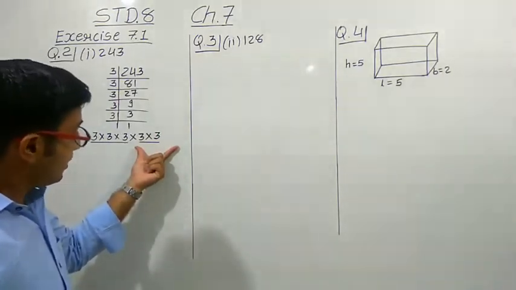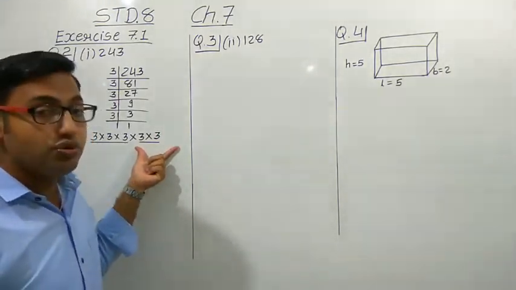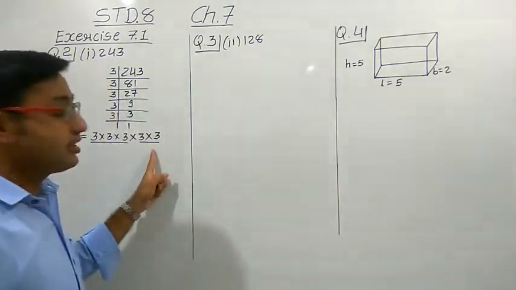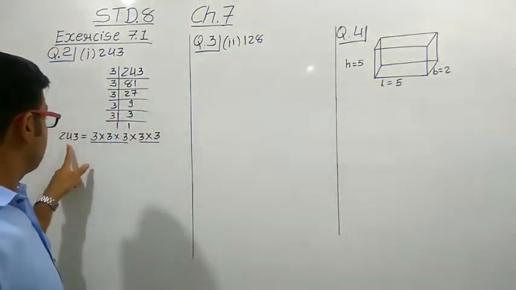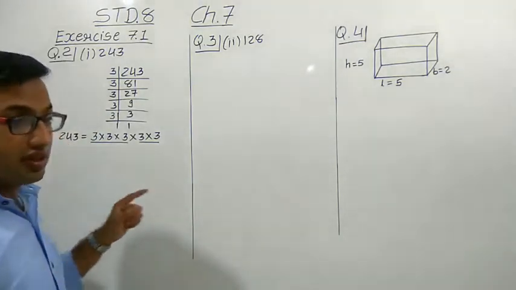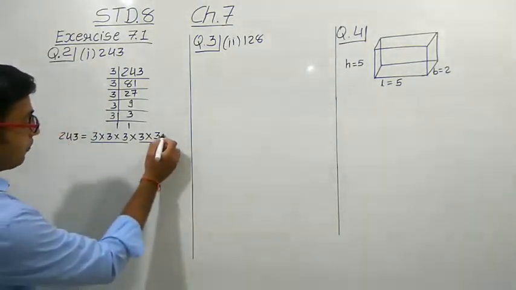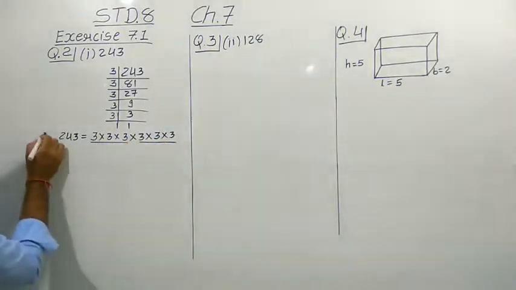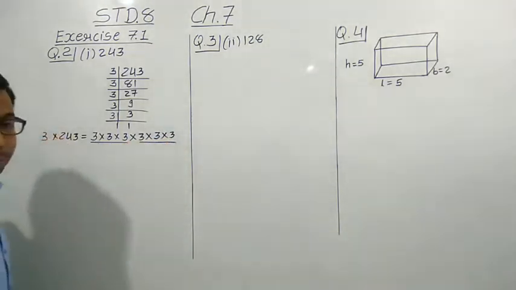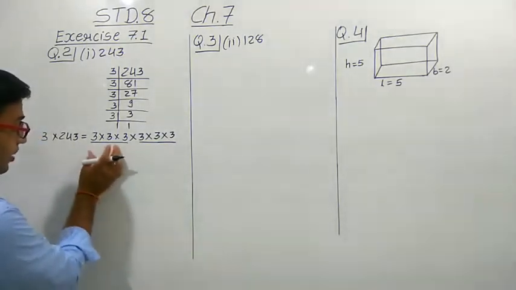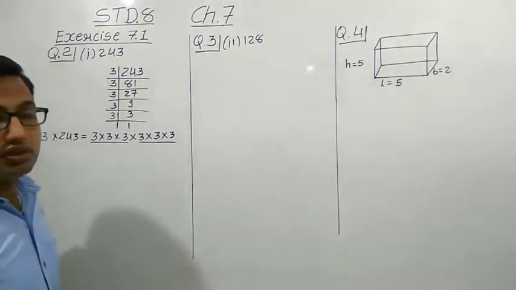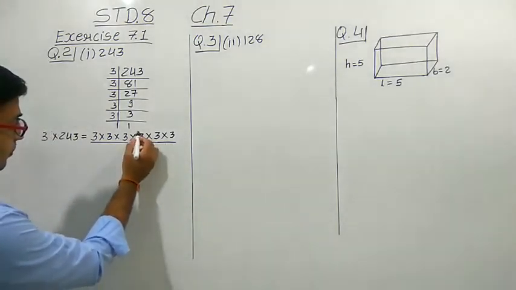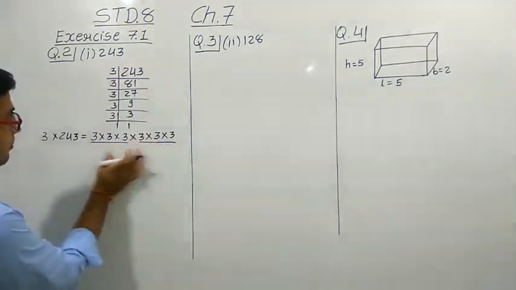So the number that we have to multiply this number by is what? Now you can understand, this is 3. So we have to multiply 243 by 3 on both sides. If you multiply this number by 3 here, the same we have to multiply on the left hand side. So on the right hand side, now we have two groups of three same factors.